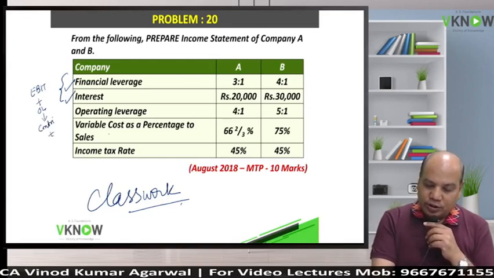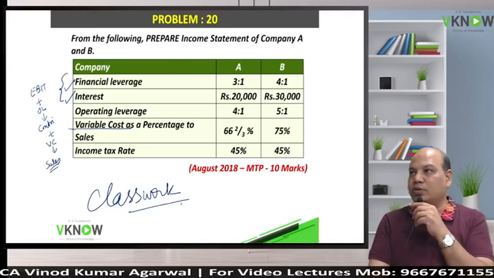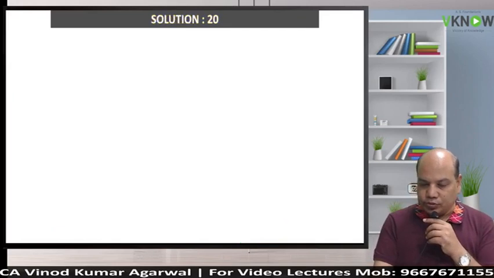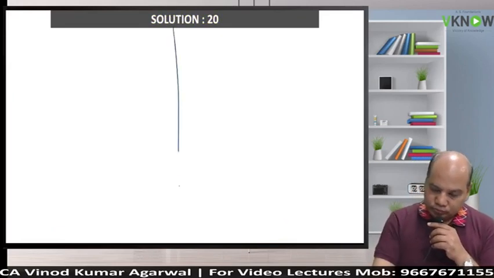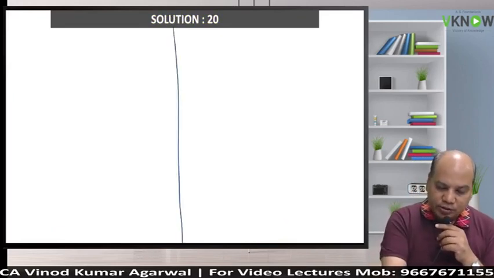Contribution and this variable cost to sales you can use and find sales figure. And therefore you can prepare your income statement. If you have done, check it. If you have not done, do it now.